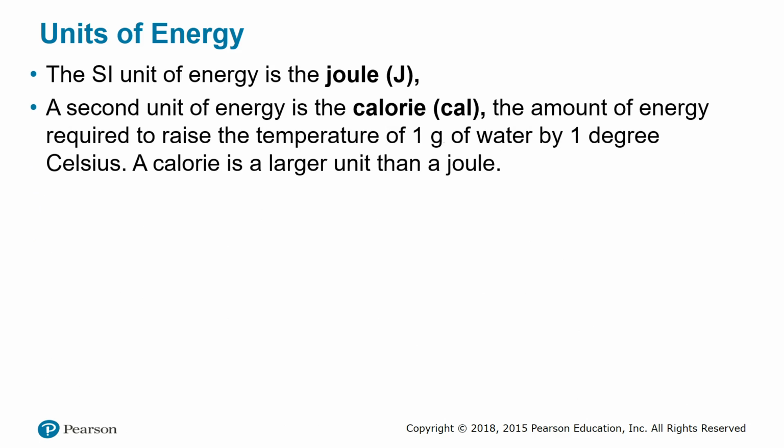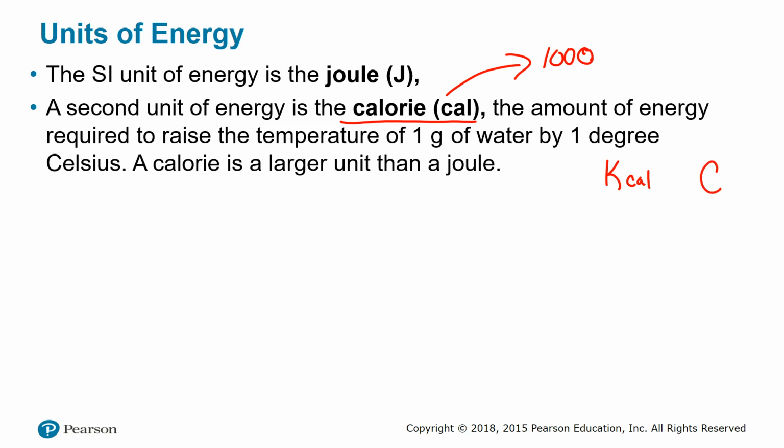Where do we usually associate calories? Food. The calorie that we associate with food is not this. The calorie we associate with food is 1,000 of those. So the calorie we associate with food is a kilocalorie, or like you see it written on the packages, a capital C Calorie.